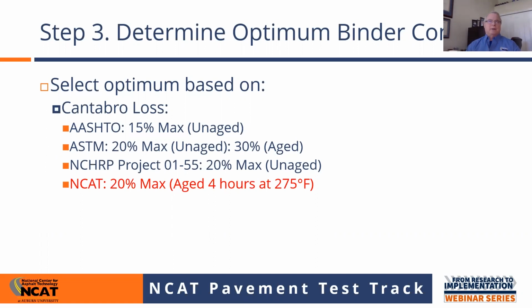The NCHRP project recommended a 20% max for an unaged condition, and for the section that we did at the test track, we used a maximum loss of 20%, and that's after it's been aged 4 hours at 275 degrees.